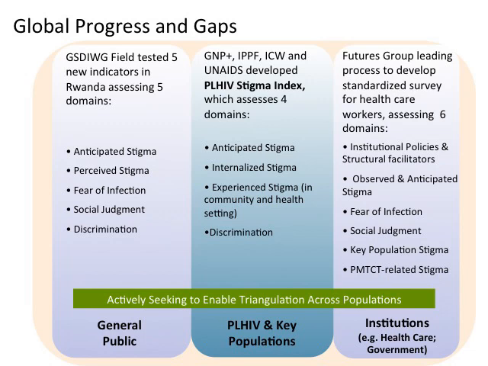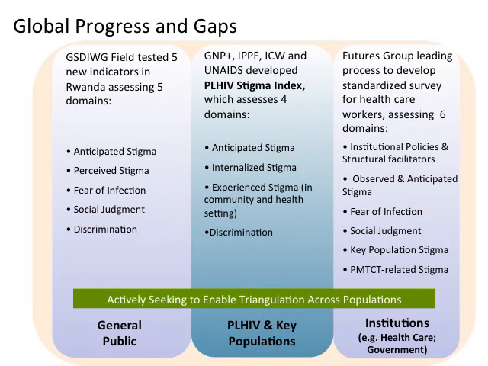And then in the category of institutions, the Futures Group is currently leading a process to develop a standardized survey for healthcare workers to be used in the healthcare setting. It assesses 6 domains, and theirs actually includes some questions around institutional policies and structural facilitators, as well as new questions to test key population stigma. As you might notice from who is involved in these, we're all working on this together.